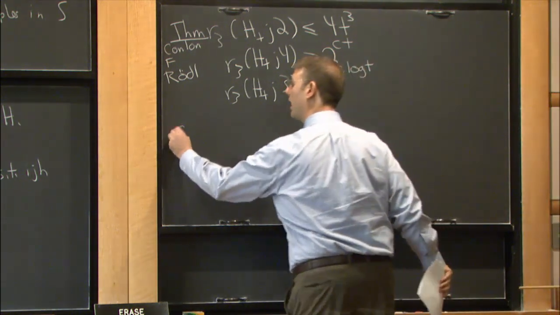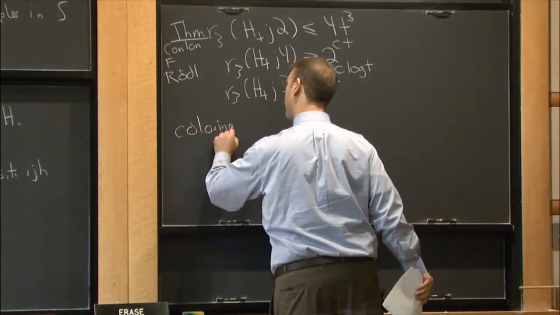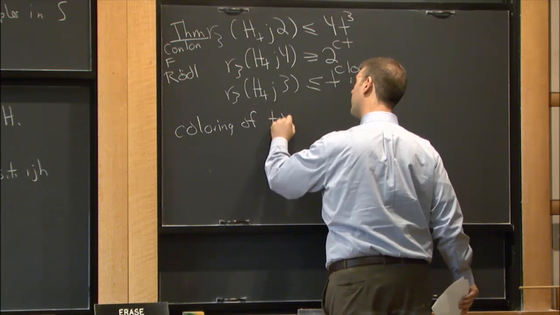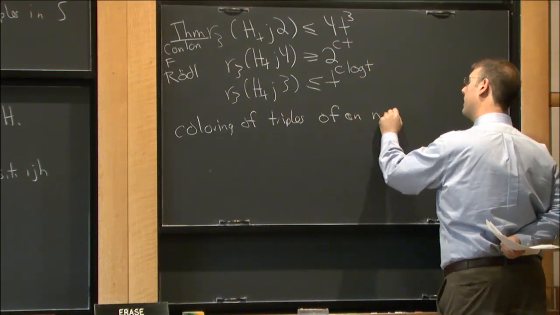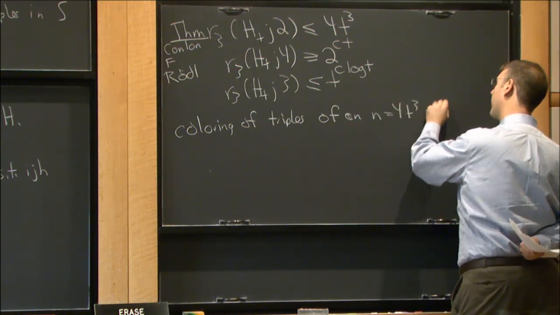Okay, so we have a coloring of the triples of an n equals 4t cubed set.